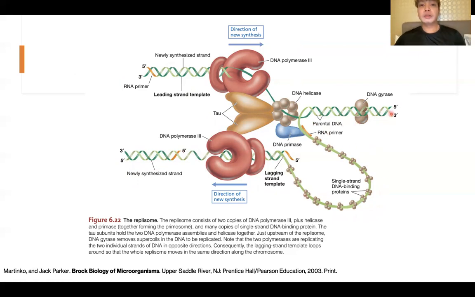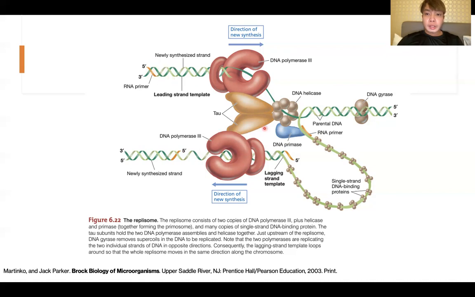Okay. So, paano sinisynthesize itong 3 going to 5? So, take note, this is 3 going to 5. Therefore, yung complementary strand na kailangan is 5 going to 3. Okay? So, 5 going to 3.